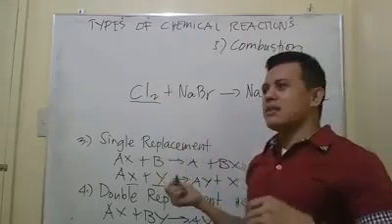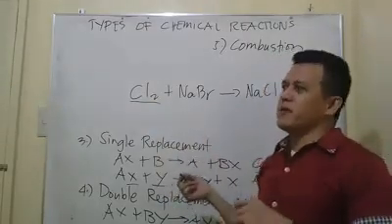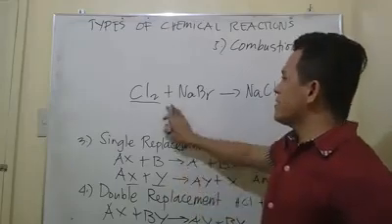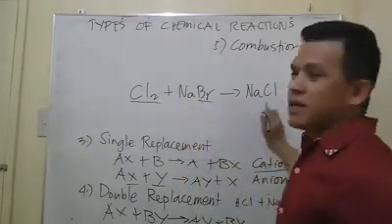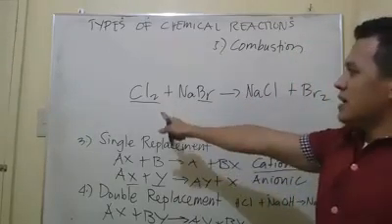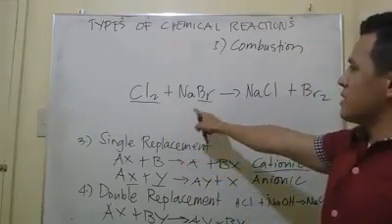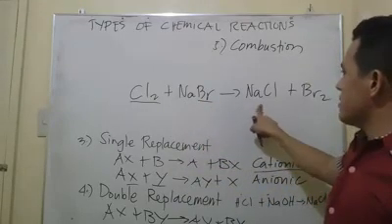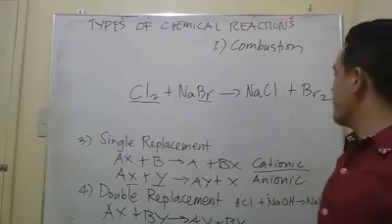Remember, chlorine and bromine are among the diatomic molecules, so you must be familiar with those. Chlorine replaces bromine. So chlorine reacts with sodium bromide and yields sodium chloride plus bromine gas.